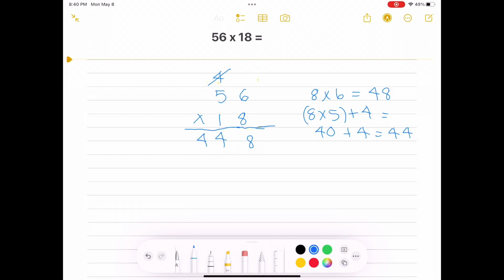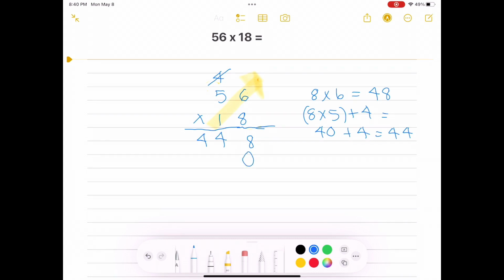And now we're ready to multiply the 1 from 18, which is in the tens column. So now you multiply the tens digit of the lower number by the ones digit of the top number. So that's 1 times 6.